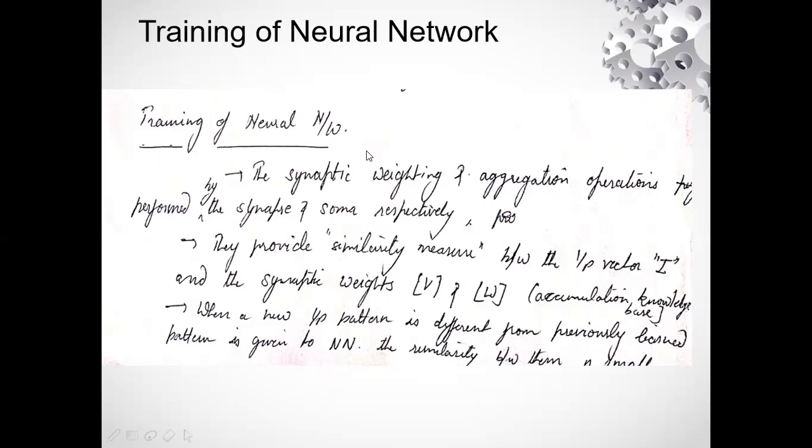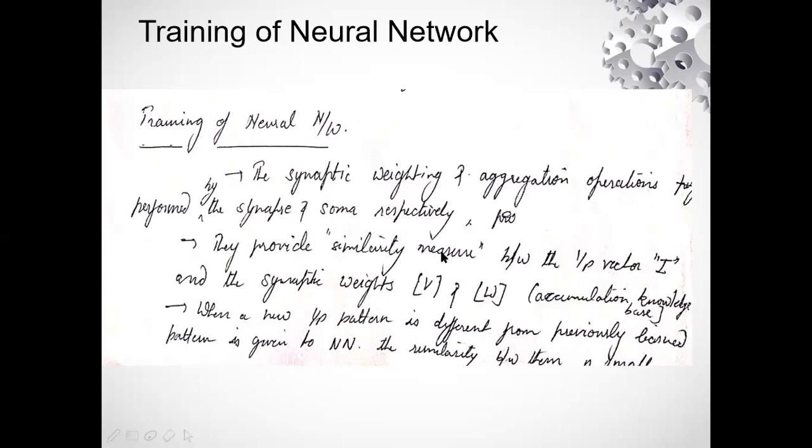Before that, the inputs are linked with the summation unit with the help of the weights. So we do the weighting and aggregation operation with the help of the synapse, that is the weight, and the soma, that is the summation unit, when we talk about the artificial neural network.